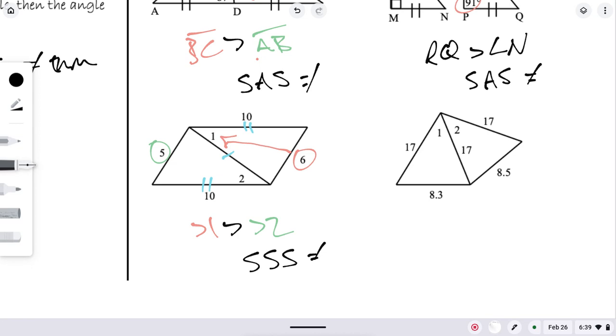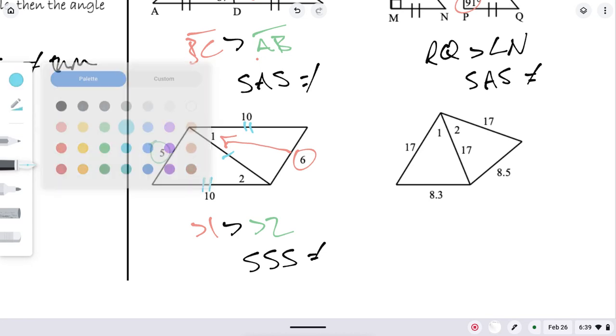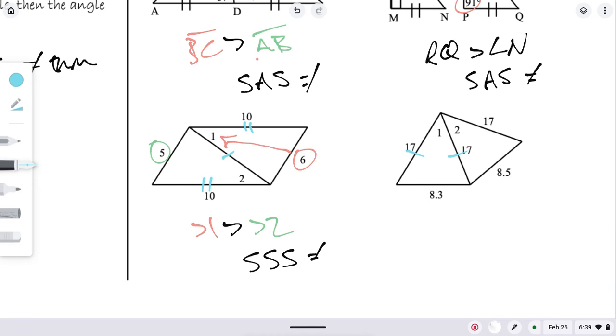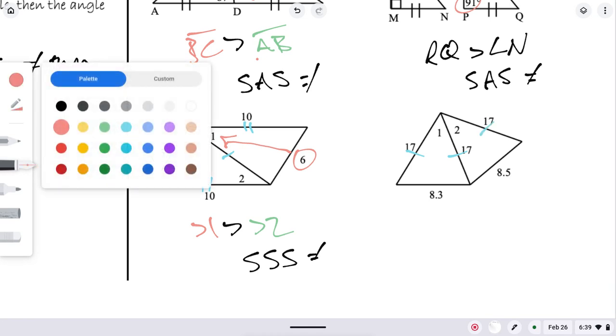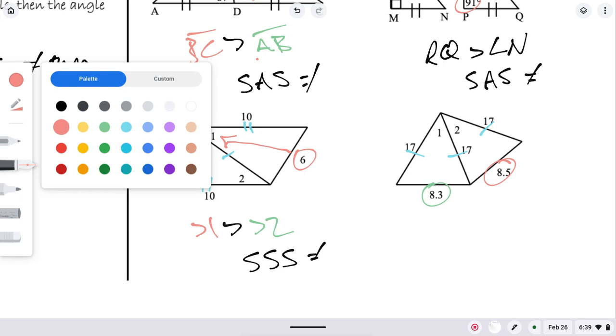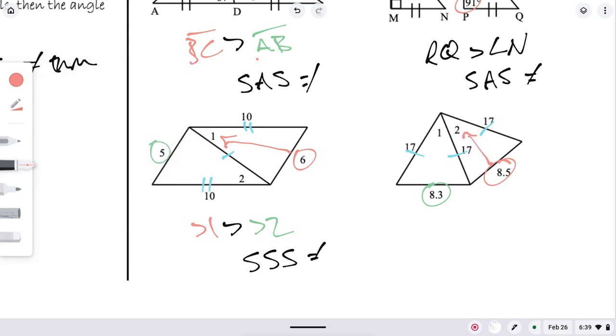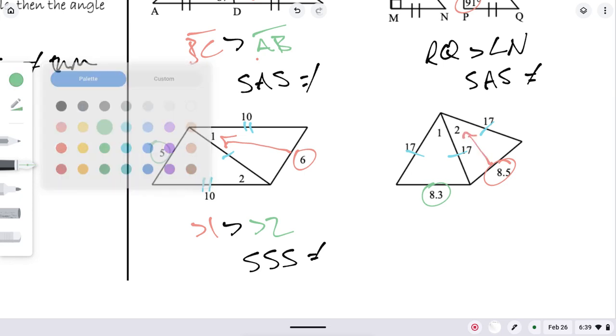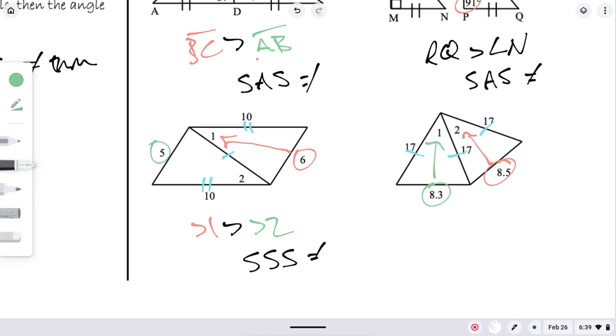This next one over here, I have all these 17s that are congruent to each other. So I just want to look across the board. These sides are congruent. These sides are congruent. It's the sides opposite again. 8.5 is just a little bit bigger than 8.3. So that means that my angle opposite 8.5 is going to be a little bit bigger than the angle opposite 8.3.